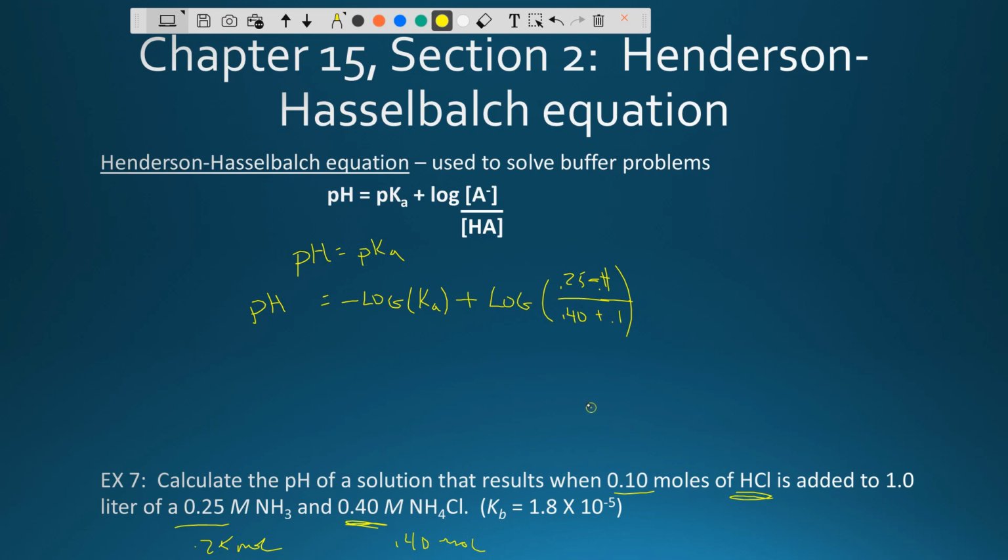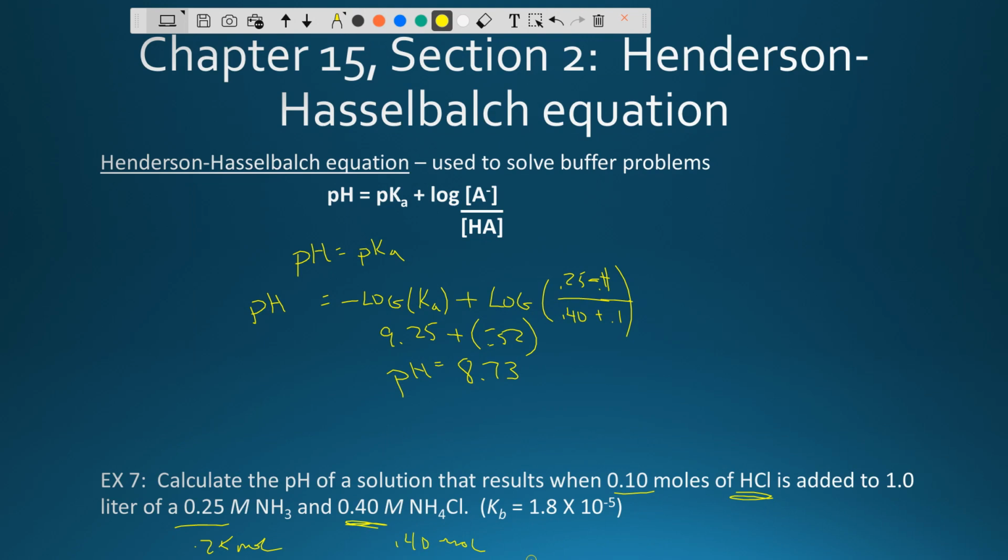And so I end up with plugging my values in. We saw that I ended up with a 9.25 plus a minus 0.52. And so my pH ends up being 8.73. Okay, so that's what we've got with that.